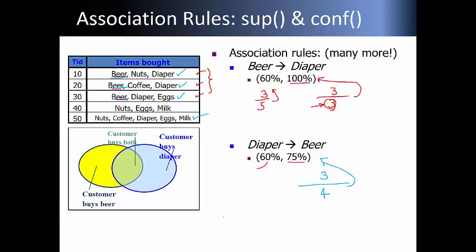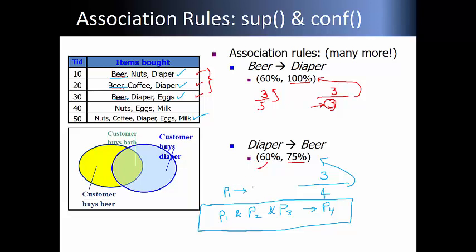Is it possible that, for example, pattern 1 and pattern 2 and pattern 3, then pattern 4? Let's compare this with only pattern 1, then pattern 4.